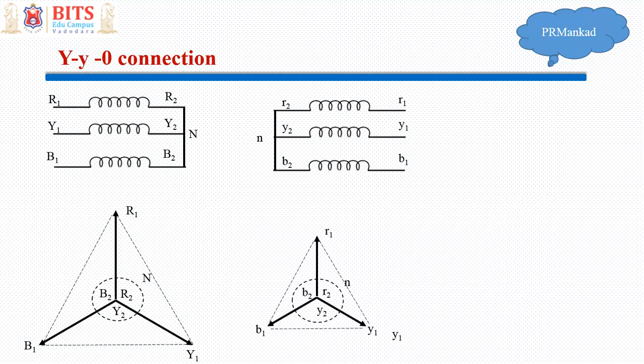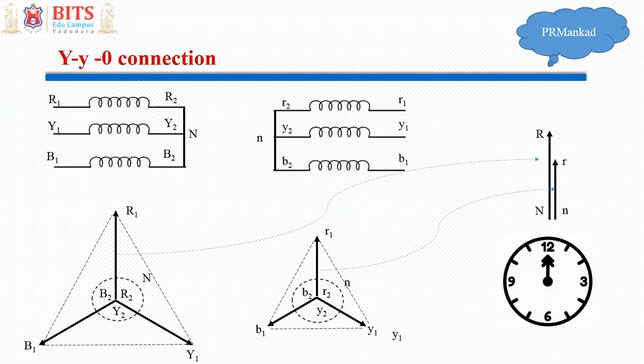If I map the primary phasor as a minute arm and the secondary phasor as an hour arm, and show it on the clock, I get a 12 o'clock situation, indicating that the primary phasor and secondary phasor do not have any phase difference in this type of connection. That is why this type of connection is known as star-star 0 or star-star 12 connection. So star-star 0 means there is no phase difference between primary and secondary.